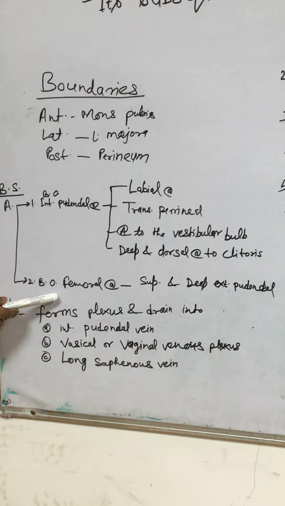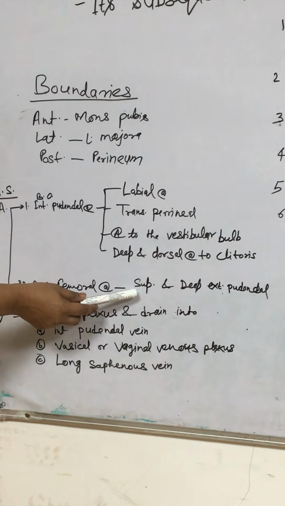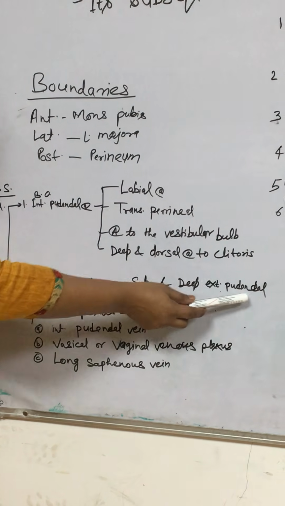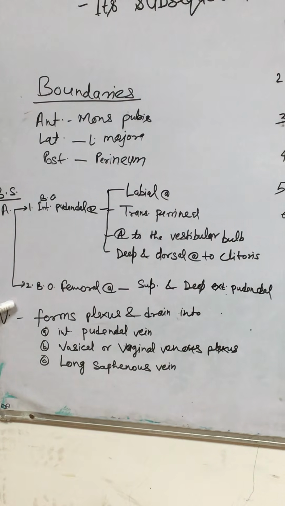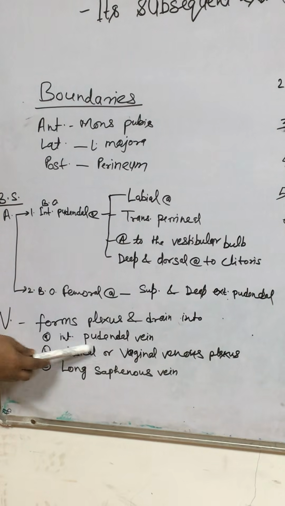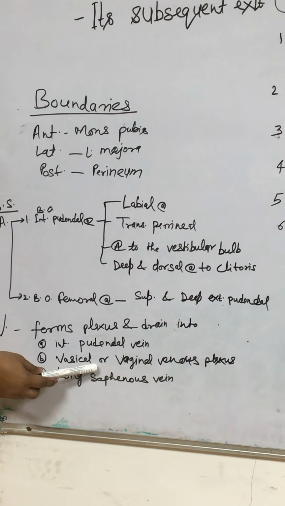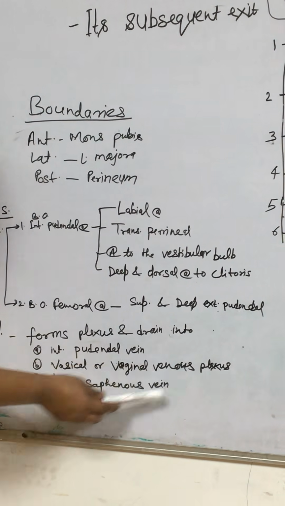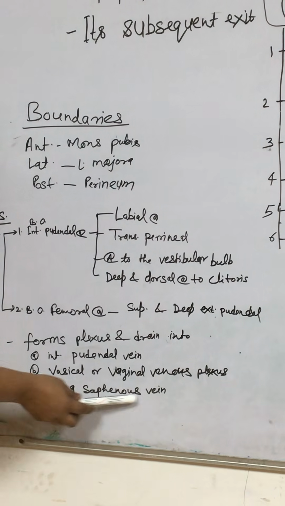The next is the branch of the femoral artery. Its subdivisions are the superficial and deep external pudendal arteries. And the veins form a plexus and drain into the pudendal vein, into the vesical or vaginal venous plexus, and into the long saphenous vein.